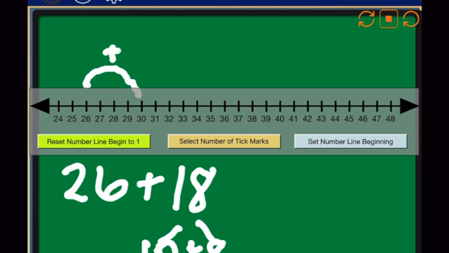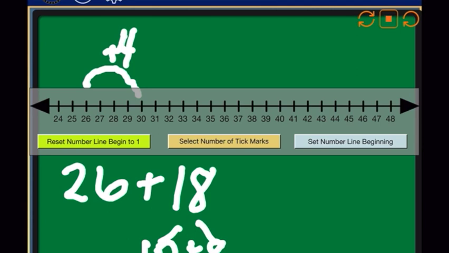Another way that you can demonstrate this for your students, if they're not proficient with those facts, is to have them do single jumps till they get to that next 10, and they'll be able to see, oh, it was 4 jumps, and you can take 4 from those numbers that you need to add.